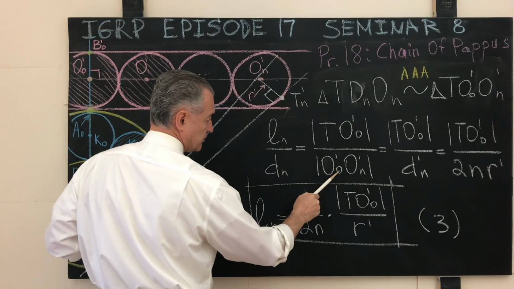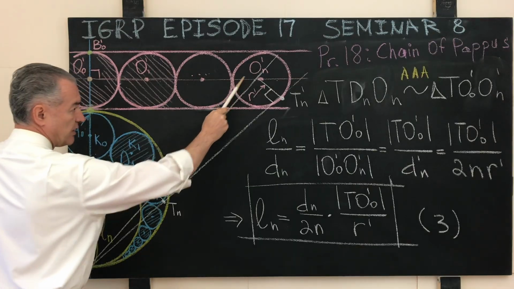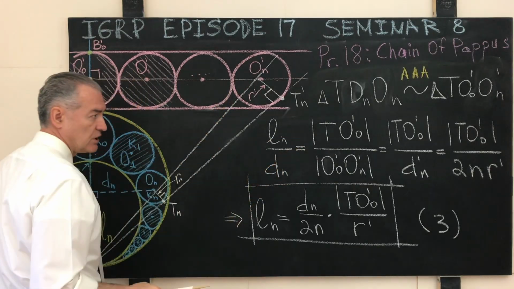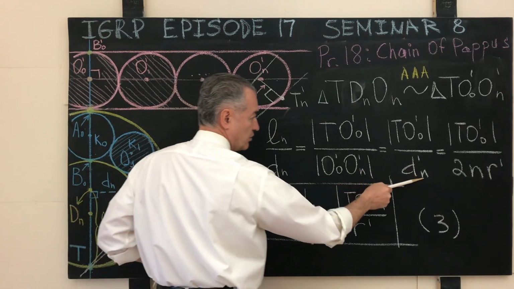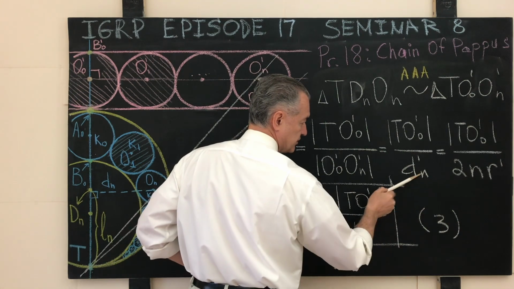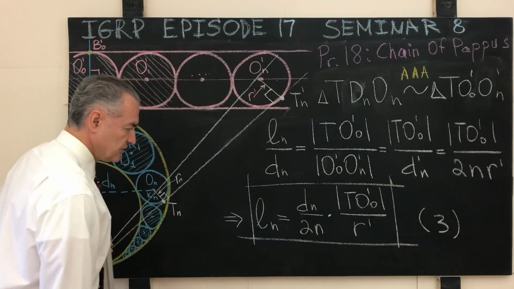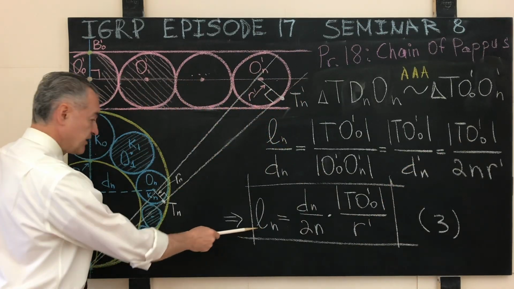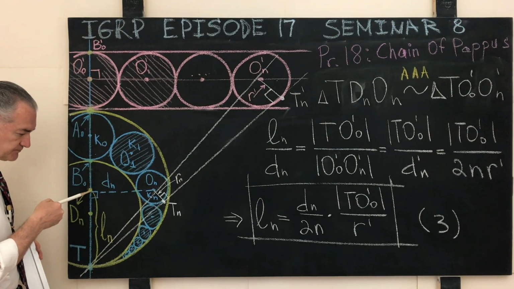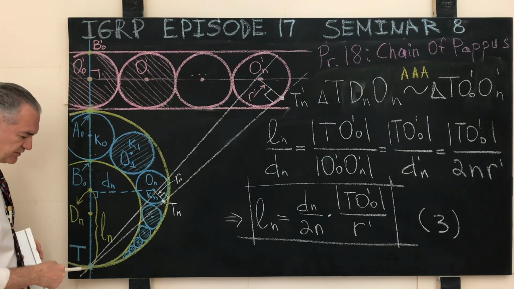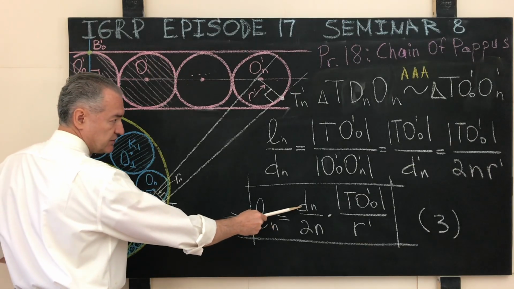o prime 0, o prime n. This proportion must hold, but this distance we already know that we refer to it as d prime n. We deduce the relation for this distance as 2 times n times r prime. So from this relation over here, it follows that for the vertical displacement of the projection of the center On of the nth inscribed circle onto the straight line of centers, this distance t dn, this is distance ln, we have dn.